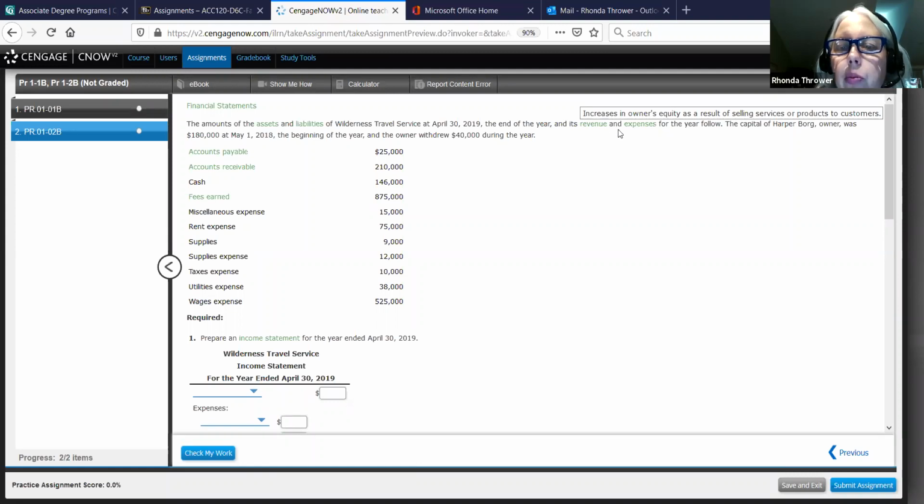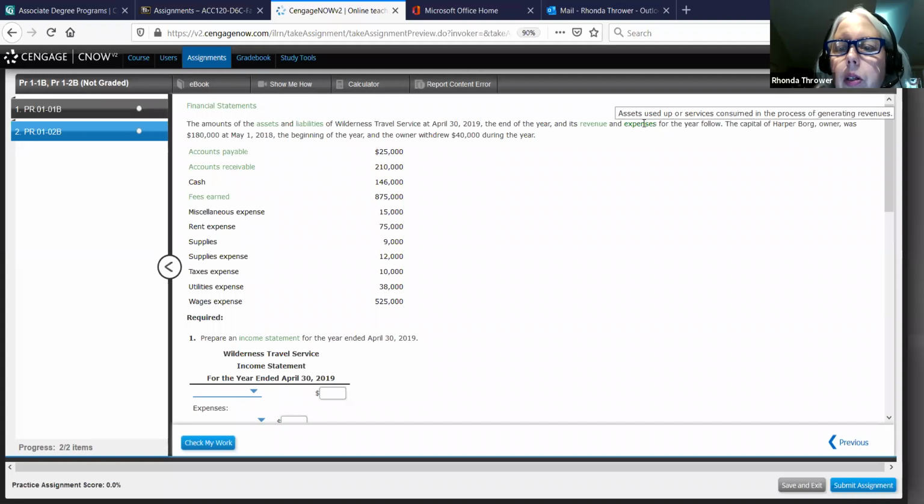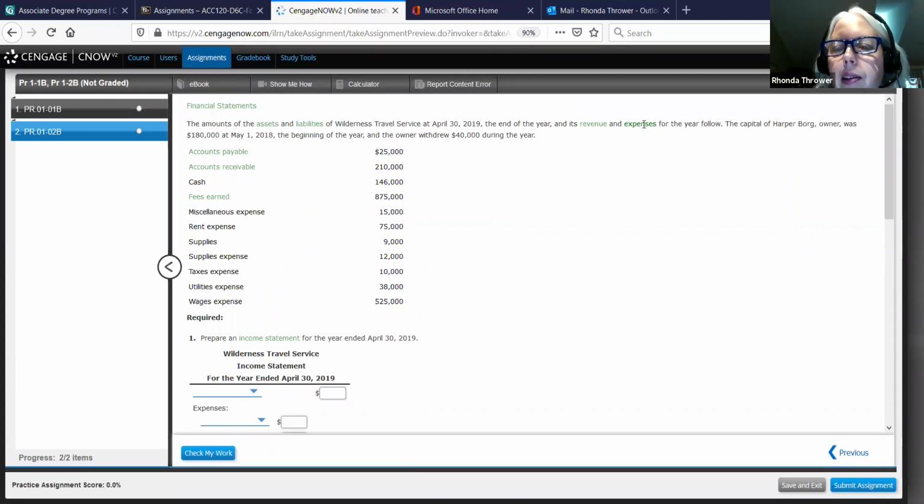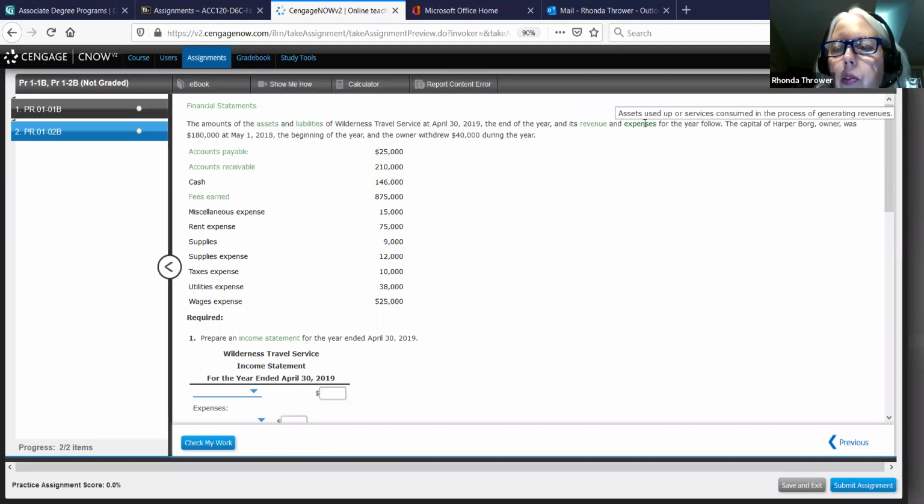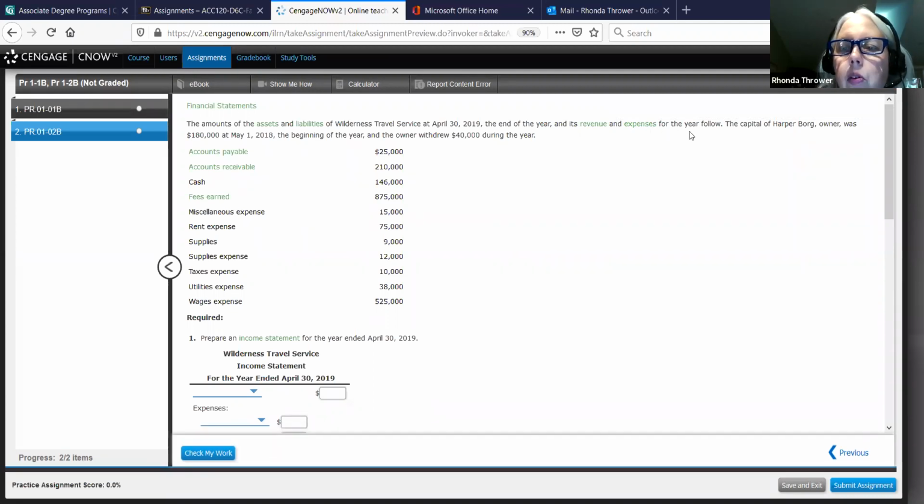And expenses are all of your assets that are used up while you are producing services. They are assets that are used up or consumed in the process of generating revenues. So those are what expenses are.